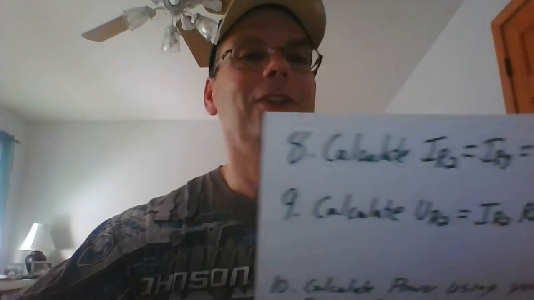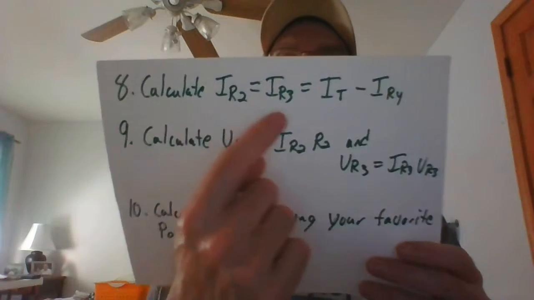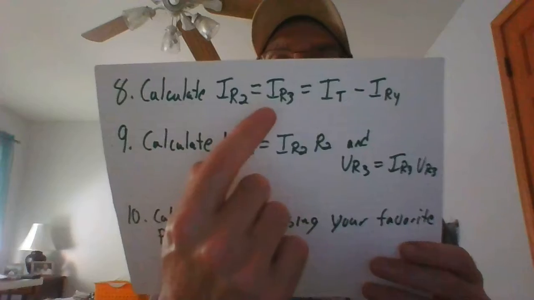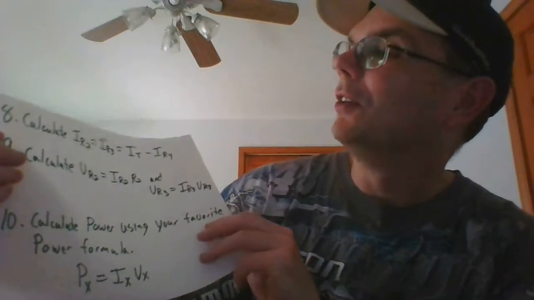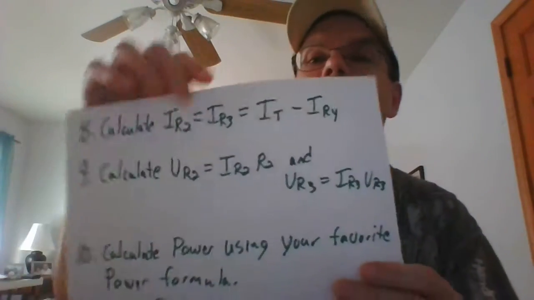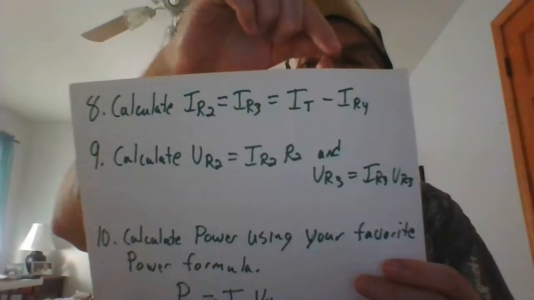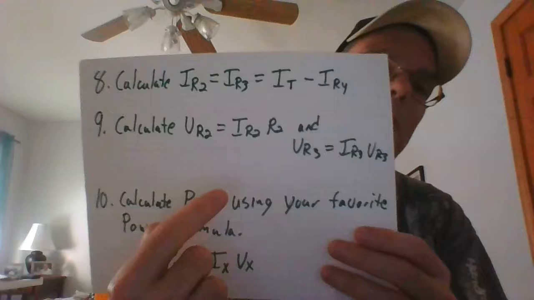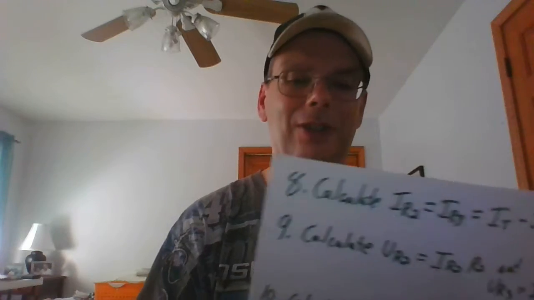Once we have that current, we can use Kirchhoff's current law. So IR2 is going to be equal to IR3, and we simply take the total, subtract IR4, and we get that current. With that, we can calculate the last two voltages. Now we have all the voltages and all the currents for this series parallel circuit.